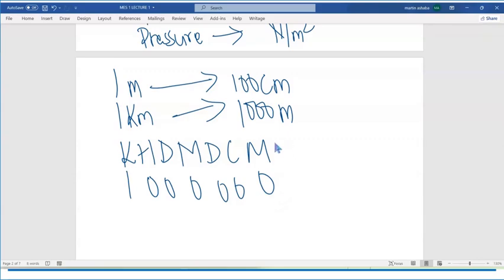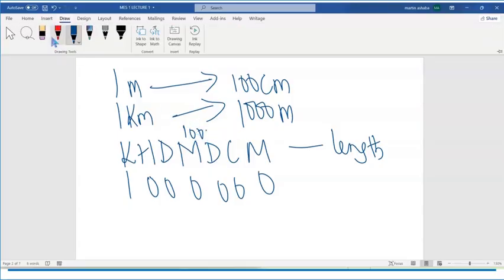So if this is length units, if we talk about length, for example, in one kilometer you are always going to have 1,000 meters.